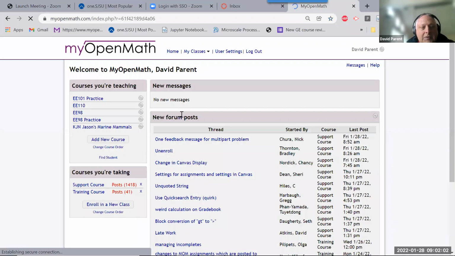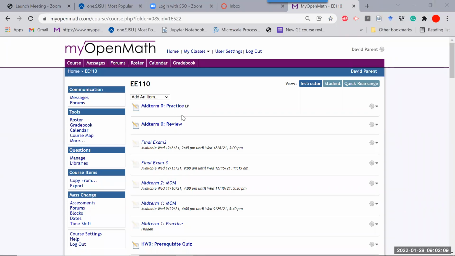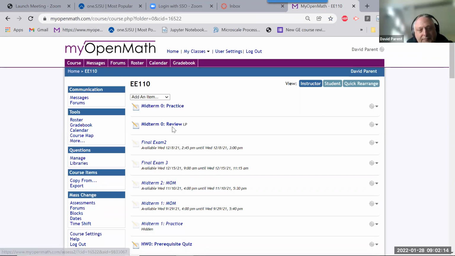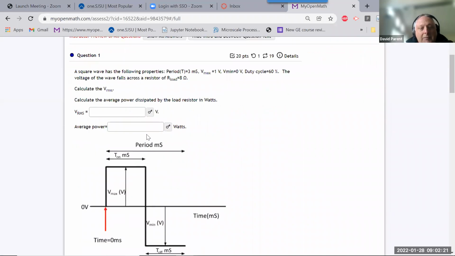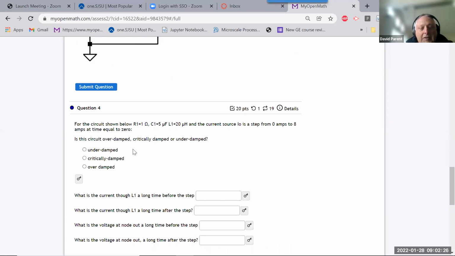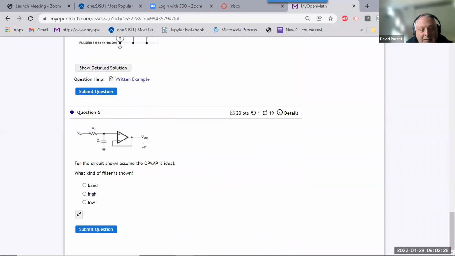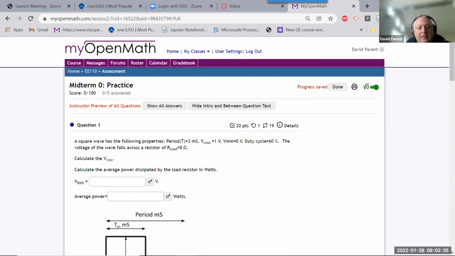So I'm just going to show you, here are the two assignments. You can access them through Canvas, but this is the practice which I suggest you do first. And we have an RMS question, some OPAMP questions, RC questions, RLC questions, and then a filter question.